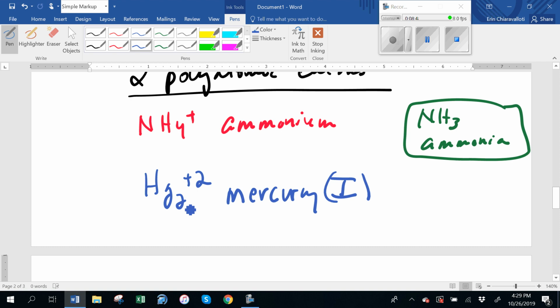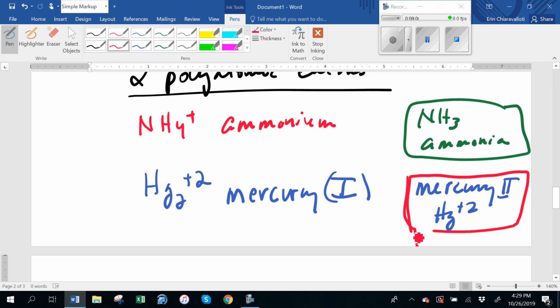And that should not be confused with mercury 2, which is Hg plus 2. Okay, so those are all the polyatomics, and you need to memorize them. So take some time and make those cards in class today.